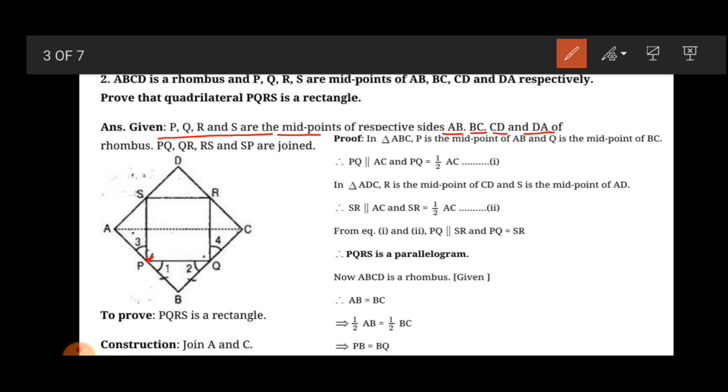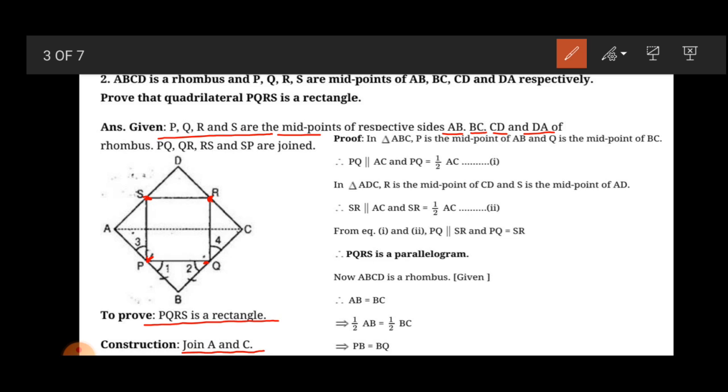P is the midpoint of AB, Q is the midpoint of BC, R is the midpoint of DC and S is the midpoint of AD, of rhombus ABCD. We need to prove that PQRS is a rectangle.